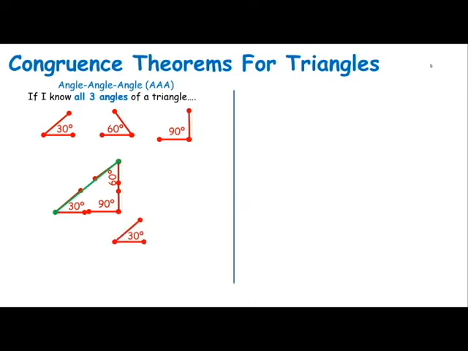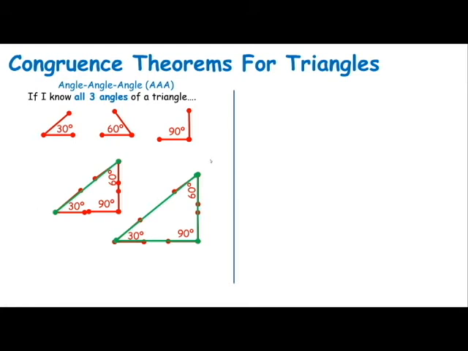But I can take those same 30, 60, and 90-degree angles, and I can actually build a larger triangle. This is not a congruence theorem because these two triangles are not the same size. Notice their angles have the same measures, but their sides do not. The sides are actually proportional.